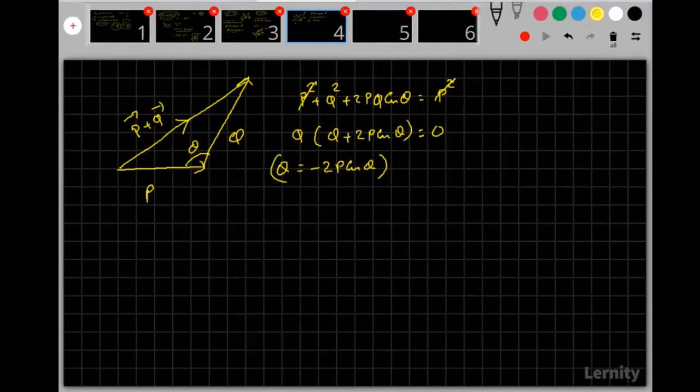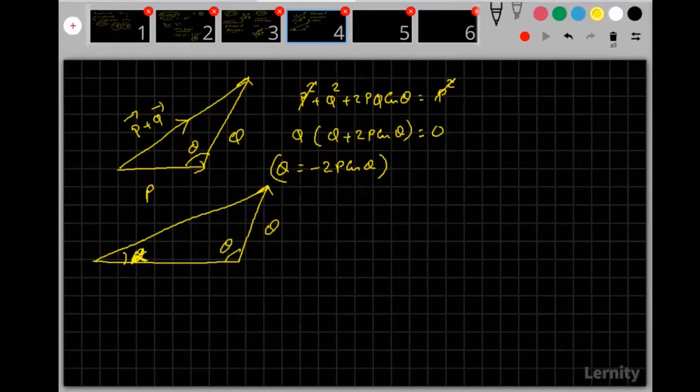Now they are asking, what is the angle that the resultant of 2P and Q will make? So 2P and Q means you have 2P here and this is Q. What is this angle? Let's call this some other angle alpha. This is theta, given to you.